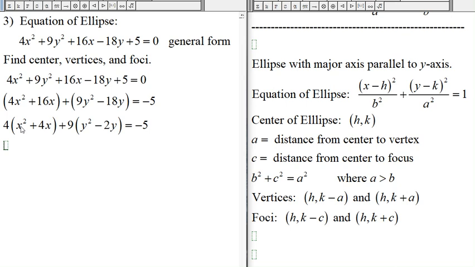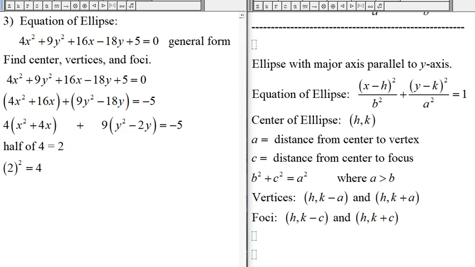And then next, what we want to do is complete the square for this part, and then complete the square for this part. To complete the square here, take half of 4, which is 2, and then 2 squared is equal to 4.